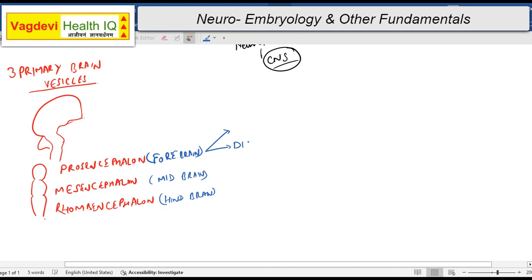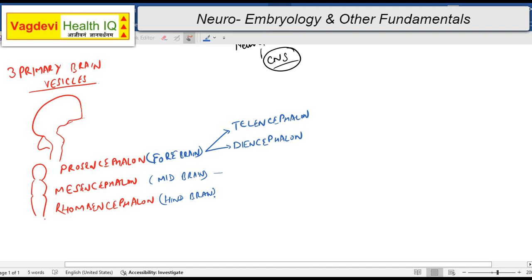So prosencephalon, we will go with the two parts in this: diencephalon, and then on top I should have written first, telencephalon. Okay, midbrain. I'll tell you what it is.